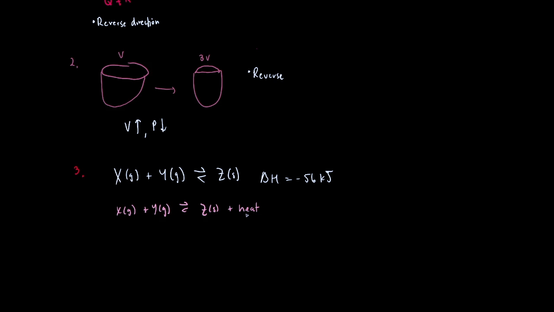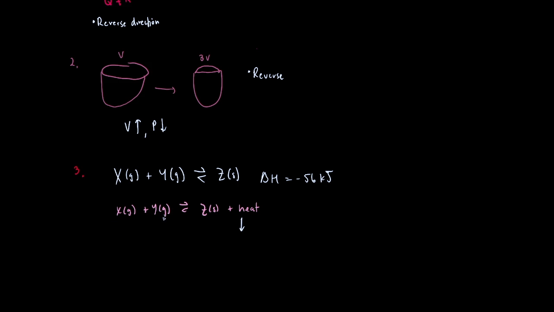The reason why you put heat on the product side is because we have an exothermic reaction as given by a negative delta H. In this situation, what happens if we remove heat artificially from the system? We can treat heat as a product in this case, and if we remove heat from the system, once again, we will go in the forward direction.